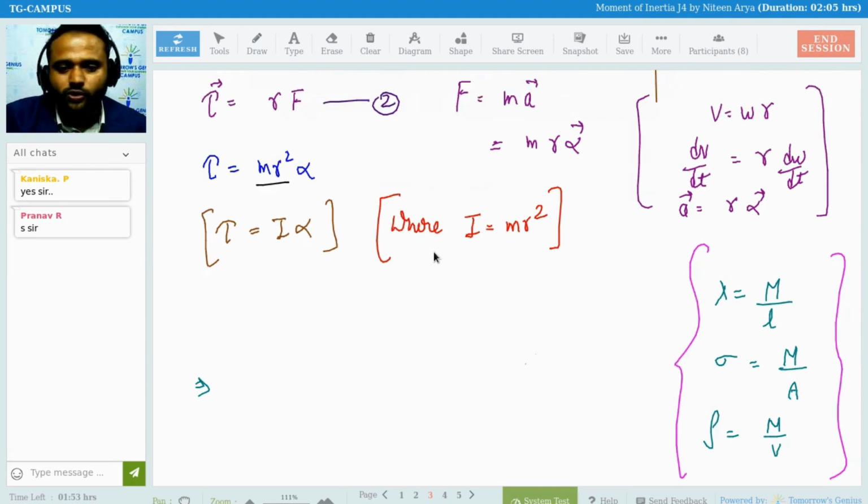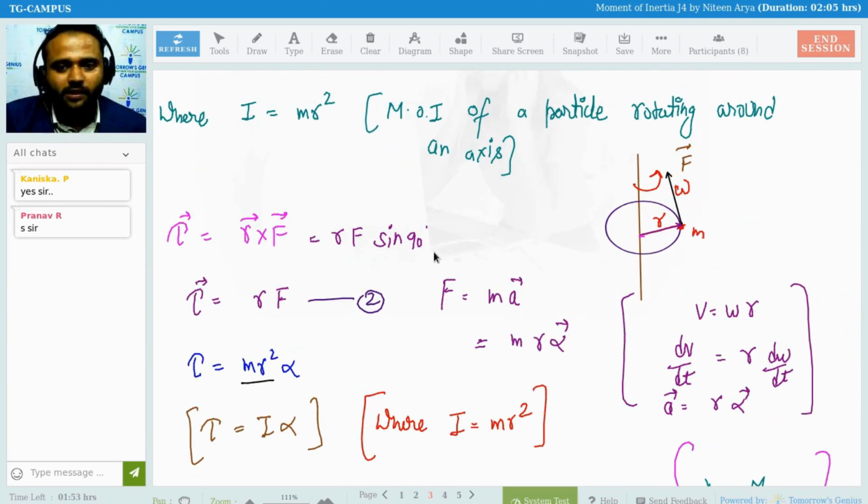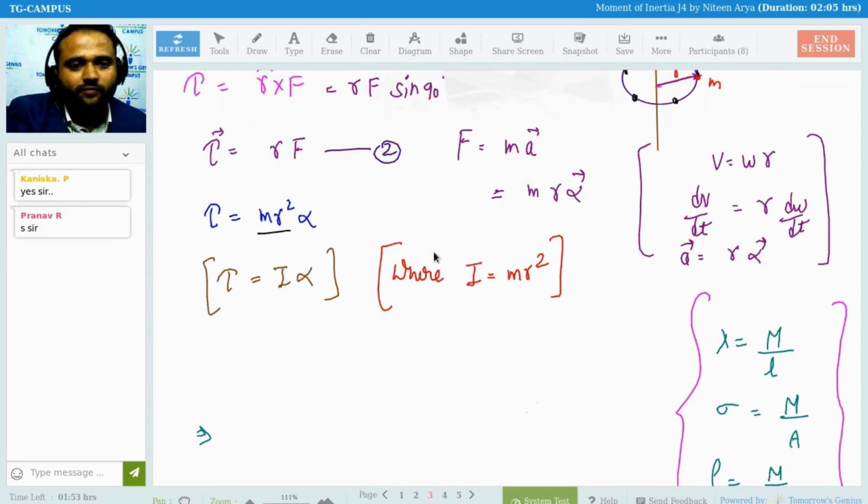I taught you this for one particle, but in general we have n number of particles: 2, 3, 4, 6, 7. For one particle we have m r square.